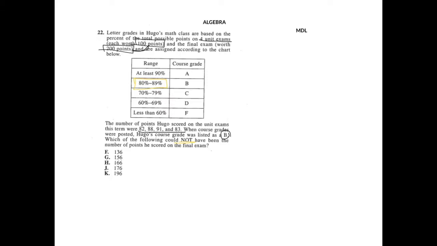What we're going to do is add all of his unit exams, 82 plus 88, plus 91, plus 83, and then add his final exam as x. So that's going to be over 6 because technically we're having 6 100 totals.